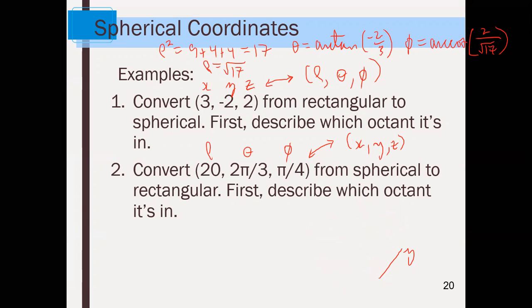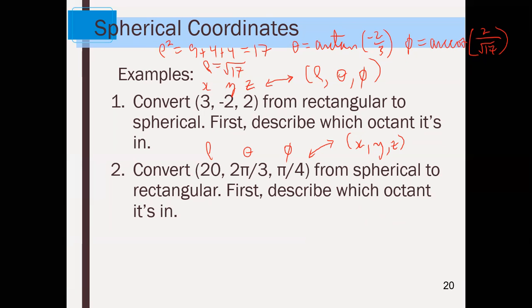So I know that rho is 20. I know that theta is 2 pi over 3. I know that phi is pi over 4. Okay, that's interesting. What octant is that in? The second one, yeah. Phi equal to 45 degrees keeps us above the xy plane, yes?